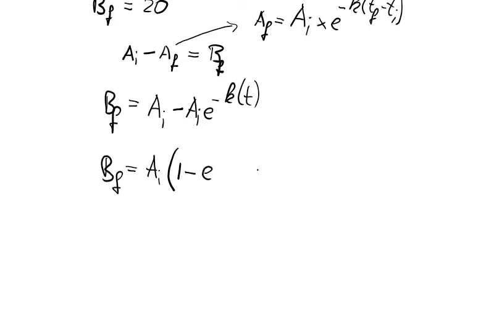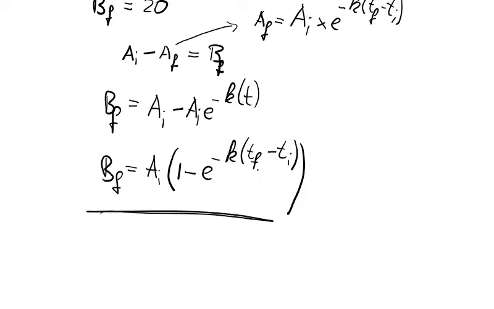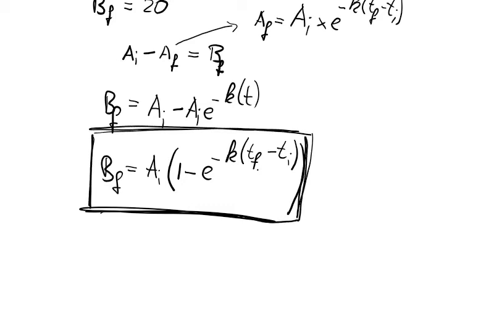One minus e to the power of minus k times, let's write it properly, T final minus T initial. So that would be the equation for our B, if we have a case like that, where A is converted into B.